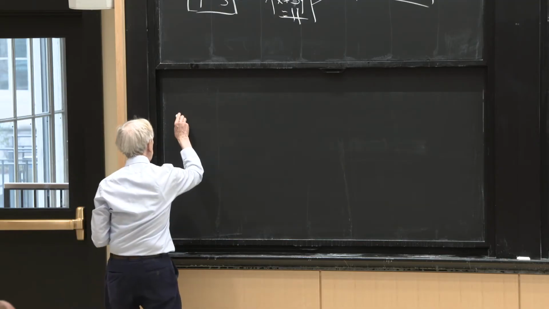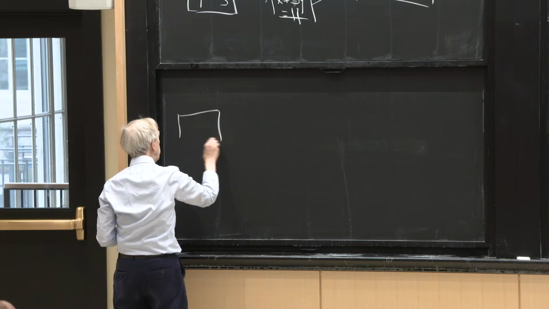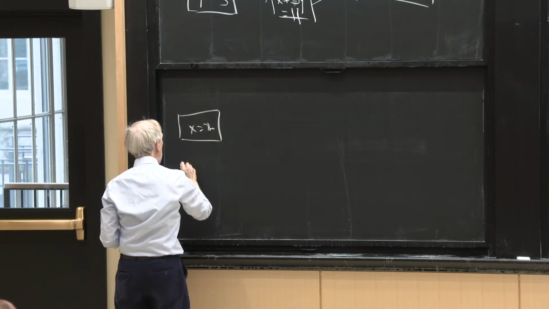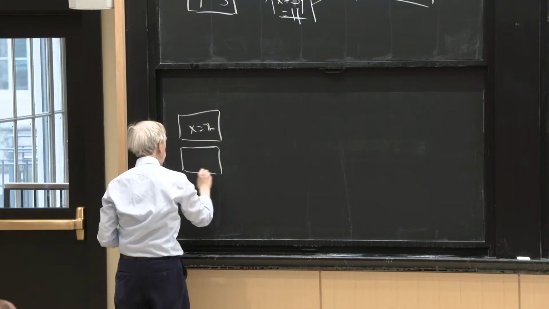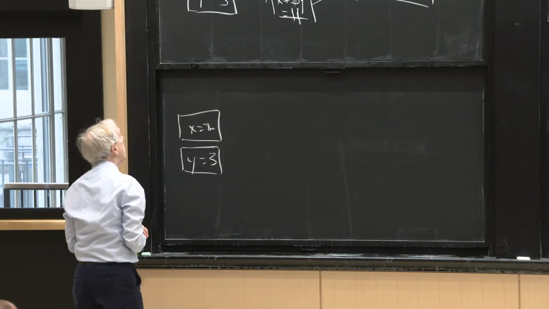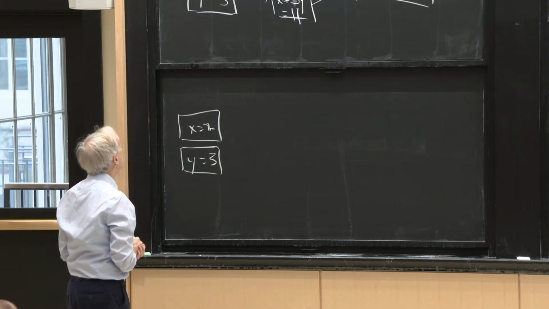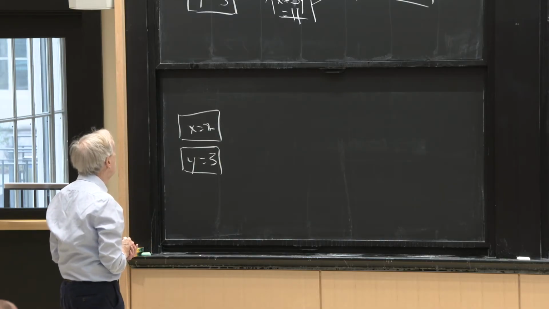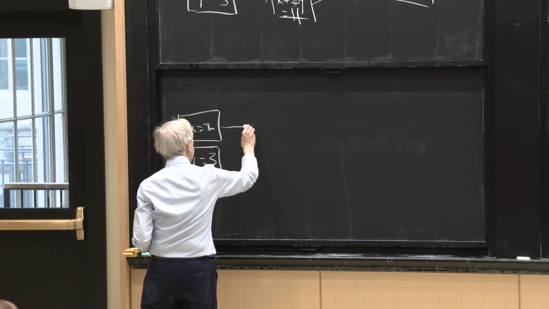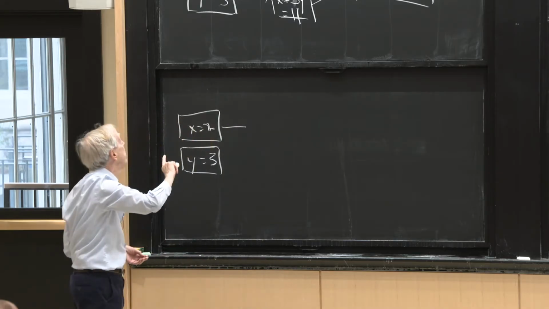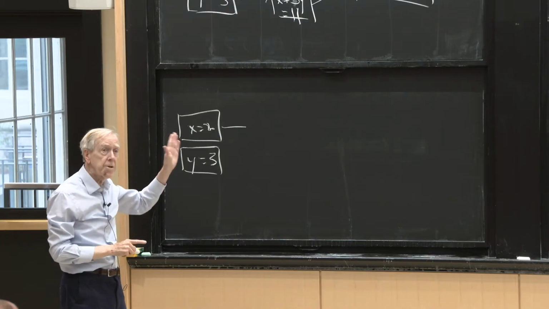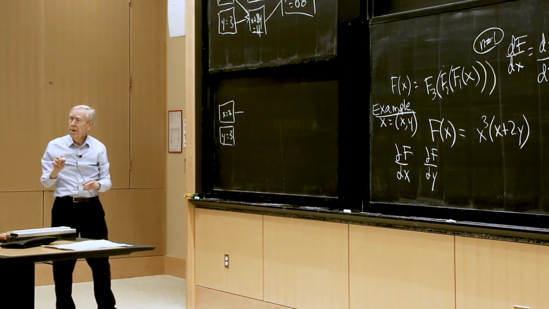So here we have x equal 2 and y equal 3. And then I've got to take the derivative of that step. The first step was x to x cubed. So I need the derivative.